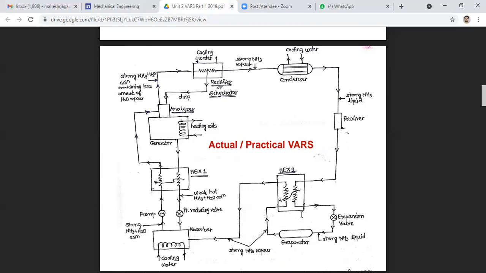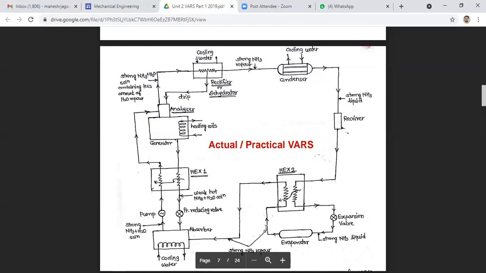So this subcooled liquid is now passed through the expansion valve and then to the evaporator. You are observing over here. Here heat exchange takes place and it passes through the expansion valve, and from the expansion valve to the evaporator.